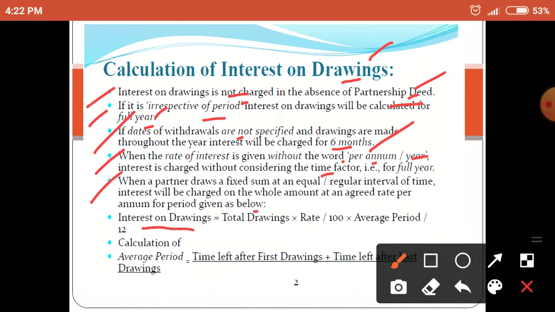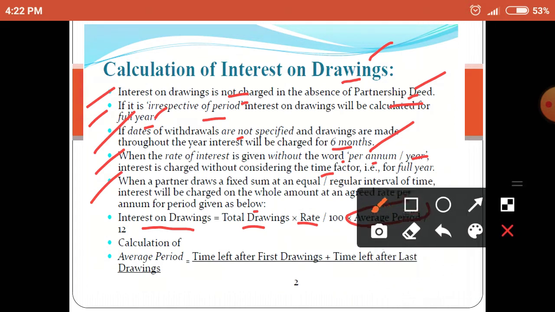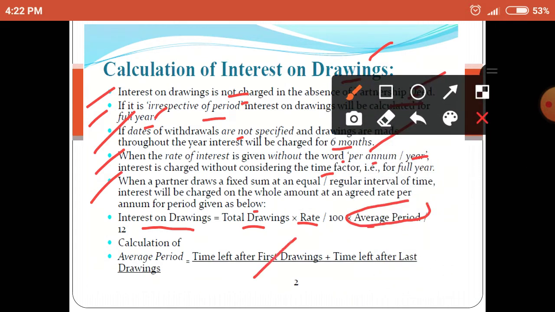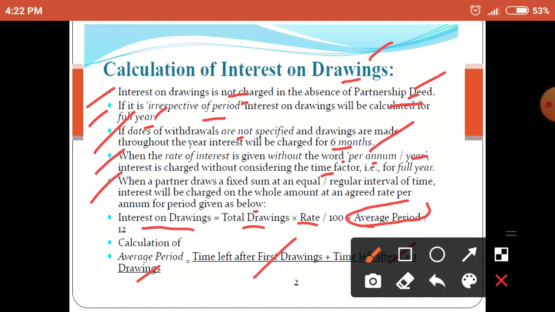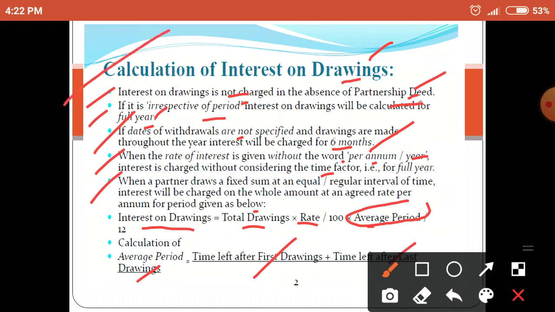Interest on drawing is equal to total drawing into rate of interest into average period upon 12, and the average period is equal to the time left after the first drawing plus the time left after the last drawing, divided by 2. How to calculate this? We'll solve problems in the next video. So these are the points you have to consider at the time of calculation of interest on drawing.